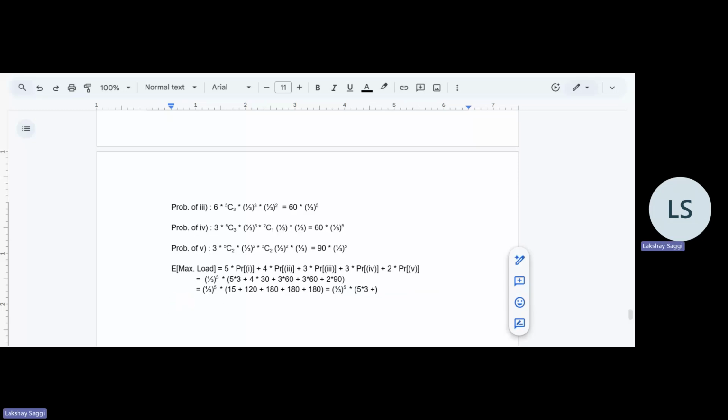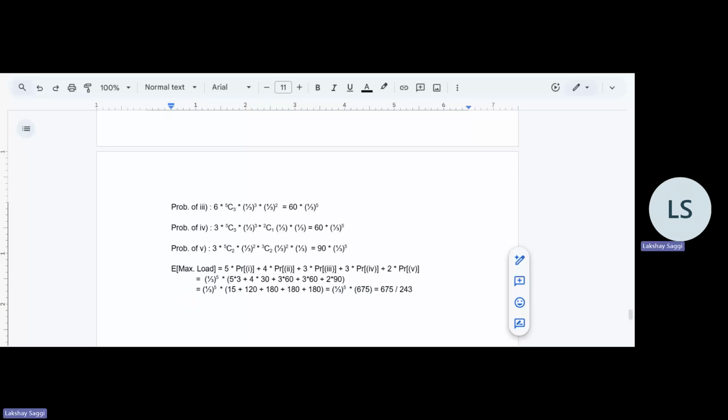Till now I had obtained this 660, and this was 15, so this comes out to be 675. So this is the answer: 675 divided by 243.